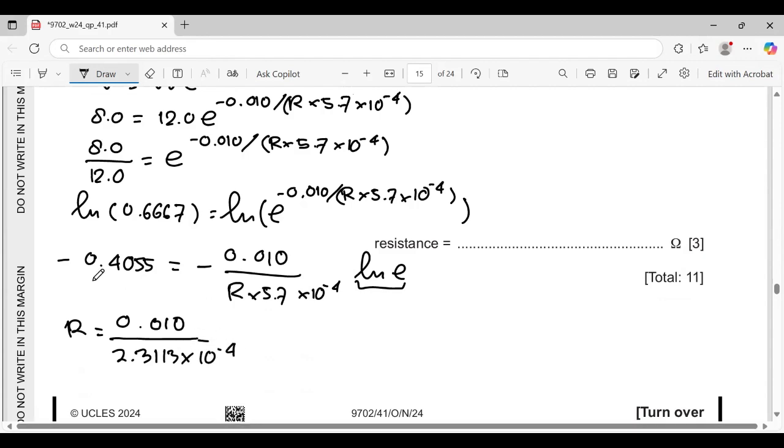If you multiply this number by this number, it becomes 2.3113 times 10 to the power minus 4. If you continue to calculate, this is 43.27 ohm, or 43 ohm.